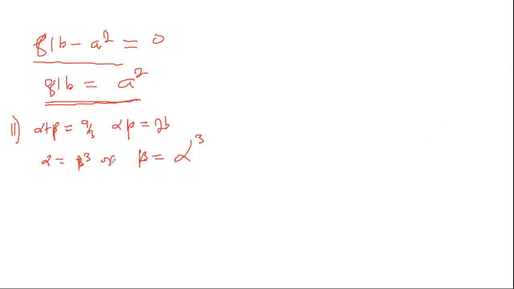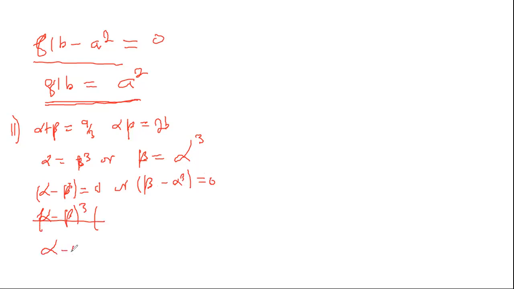Is that okay? Yes. Such that here we say alpha minus beta cubed is equal to 0, or beta minus alpha cubed is also equal to 0. And then here we say alpha minus beta cubed into, no, this is wrong.